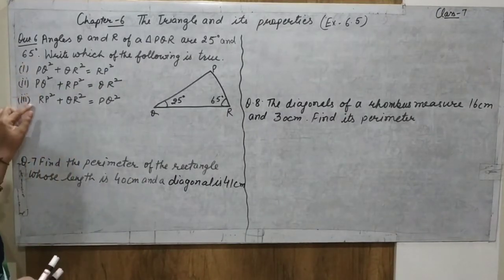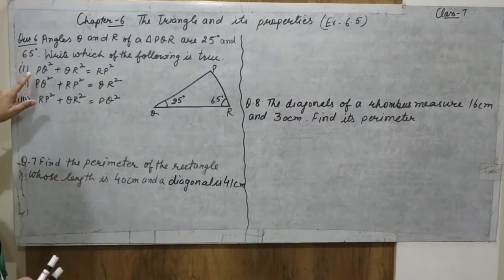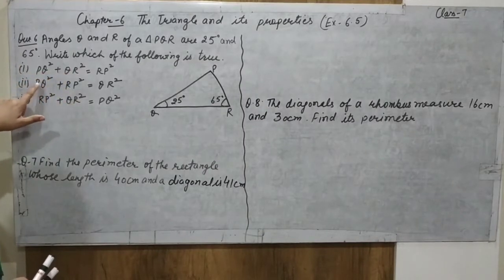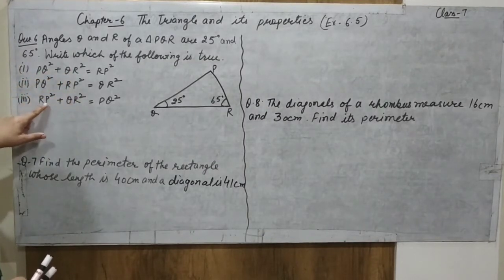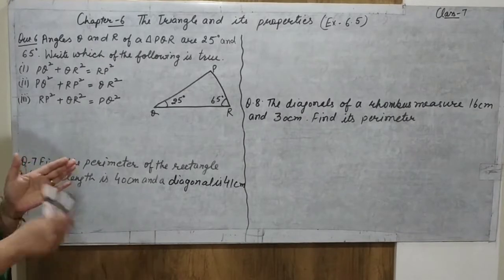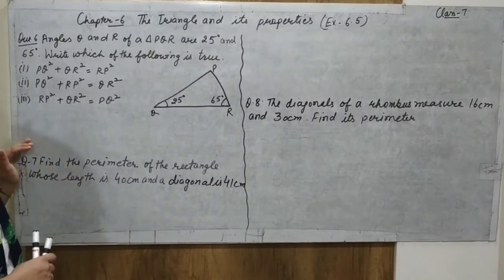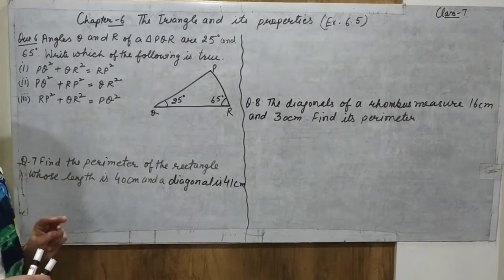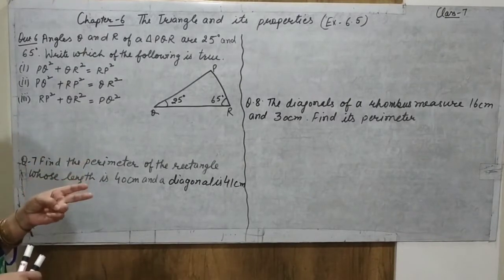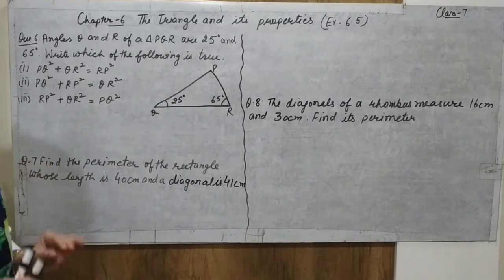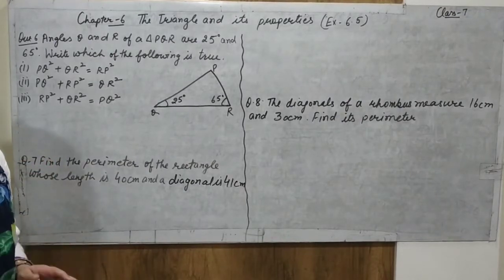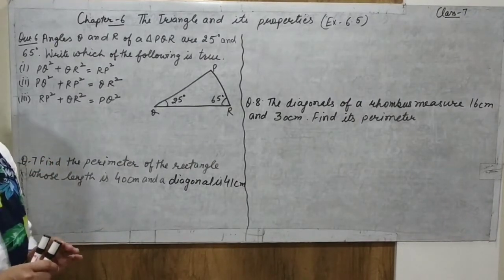One by one, we select 2 sides: PQ, QR, or PQ, RP, or RP, QR. The third side is alternatively selected, and the statement is that the sum of squares of 2 sides is equal to the square of the third side. This happens only in the Pythagoras theorem.